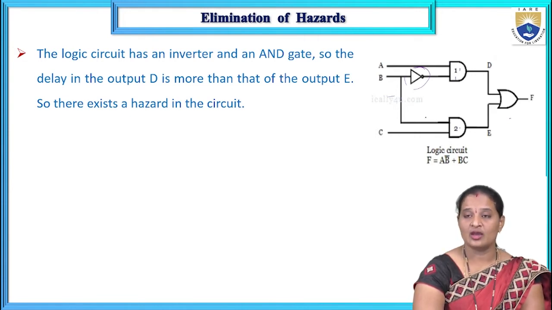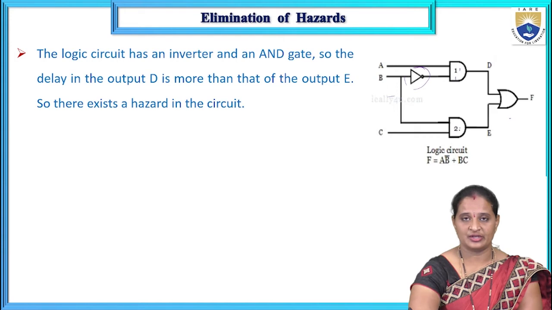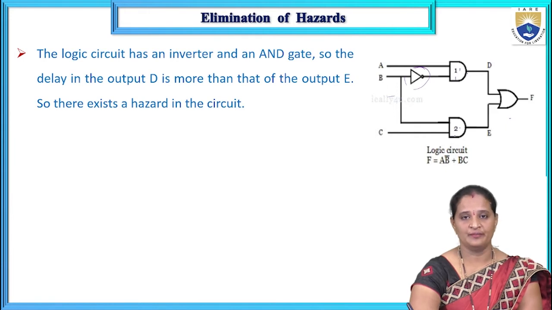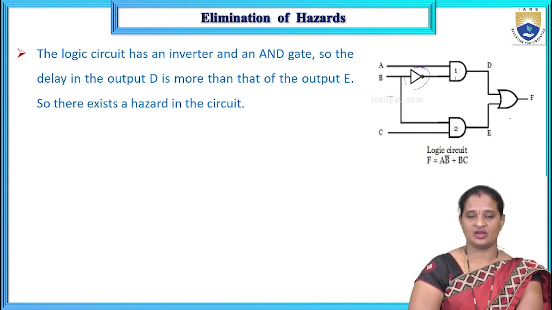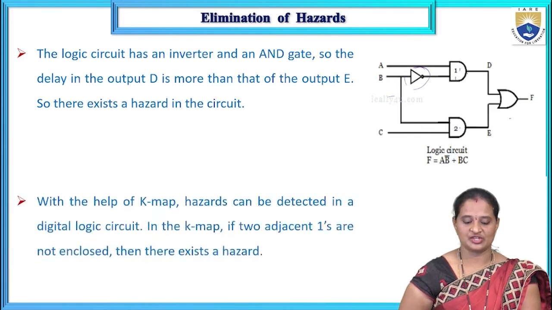So what we can understand here is that the delay of gate 1 is more than the delay of gate 2. If the delays of two gates are not equal, definitely there exists a hazard, which we understood from the previous circuit diagram and explanation.